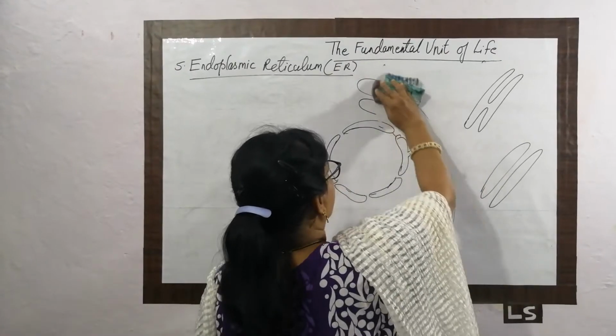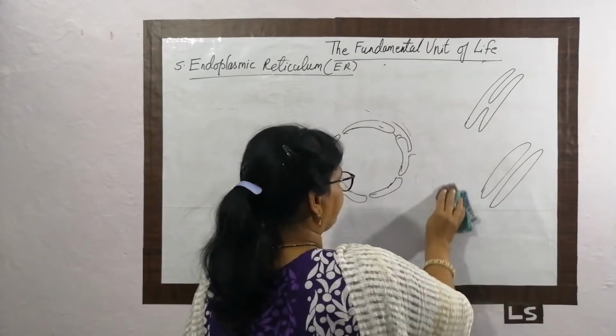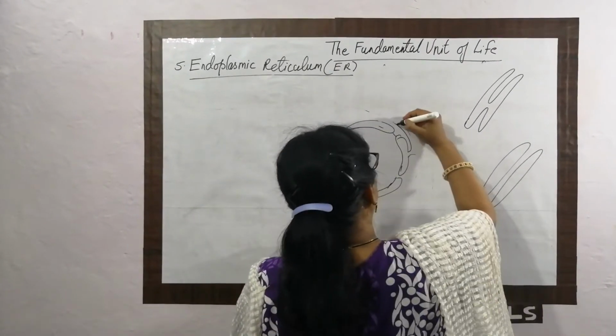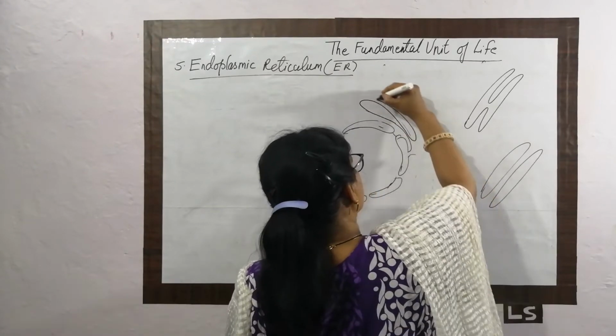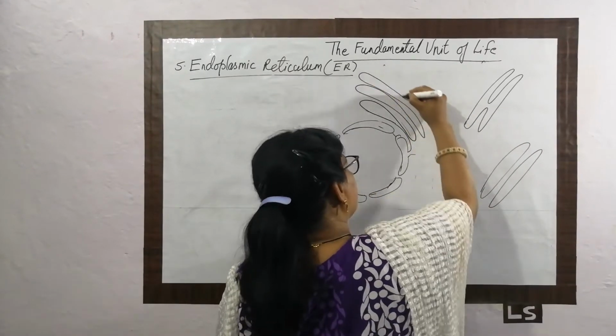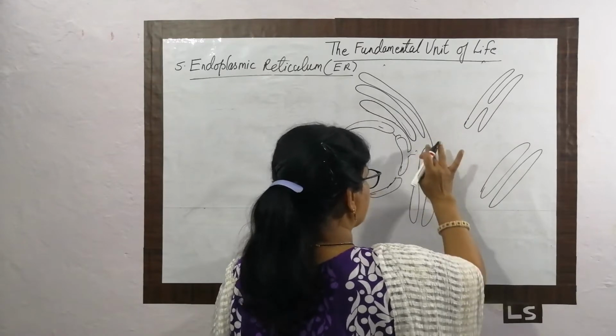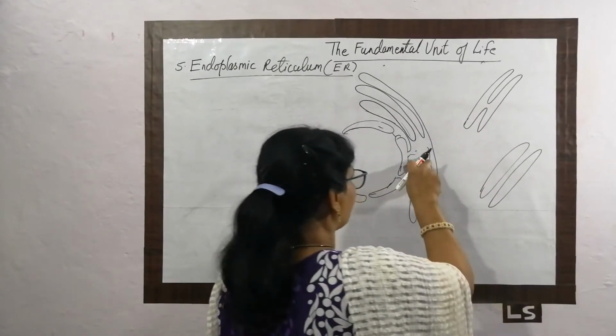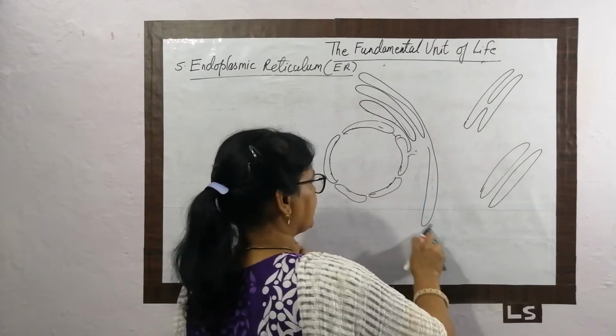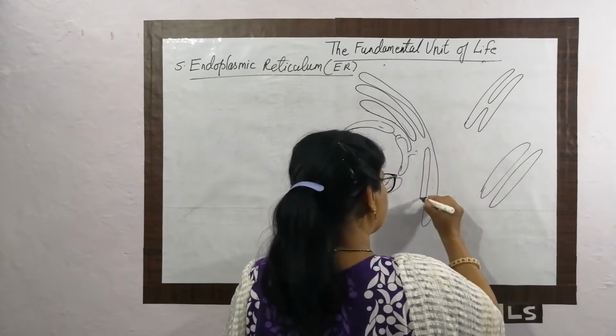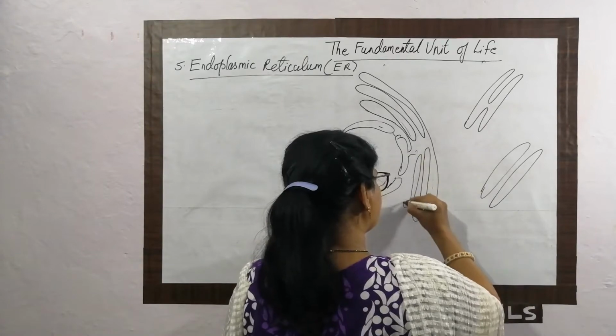Let me draw it again in a simpler way. Tubules like this. It is a network of tubules and vesicles. Vesicles are bag-like structures. So lots of tubules, vesicles, and cisternae are present here.